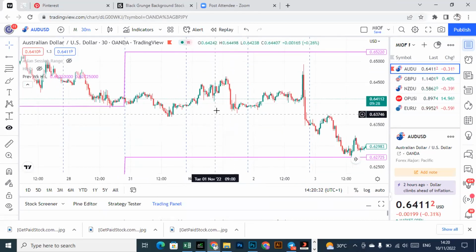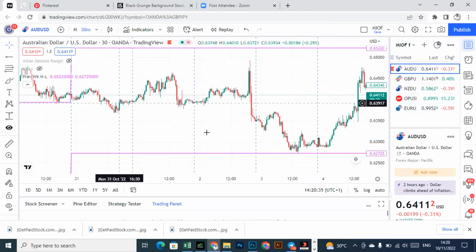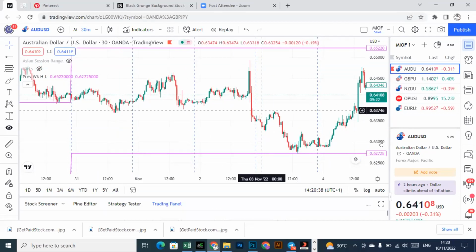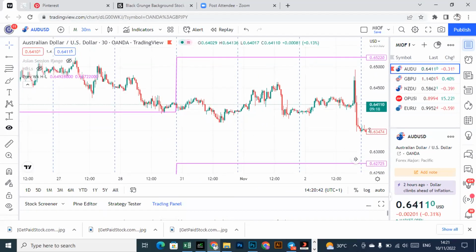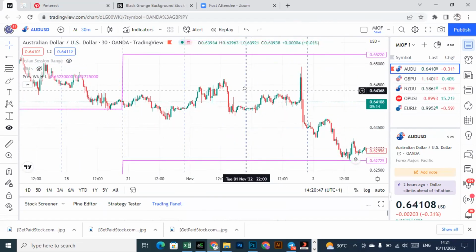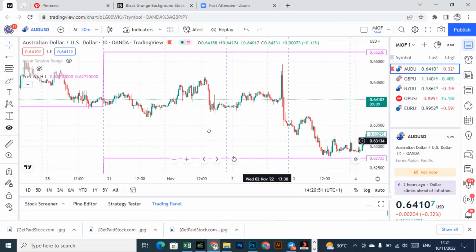So we just want to buy after this particular last. We have Monday here. So we have Tuesday. They did not even move close to last week.